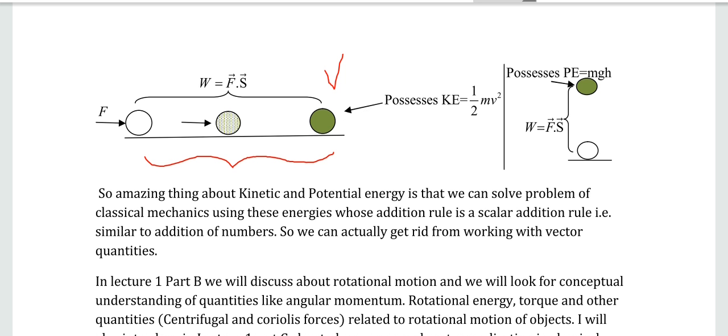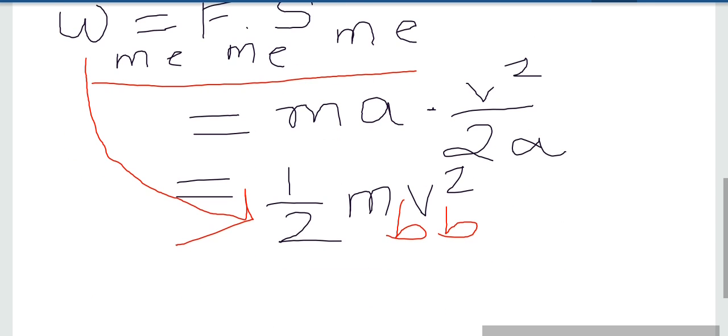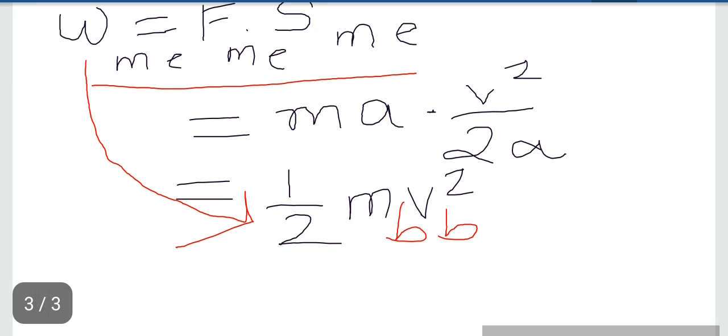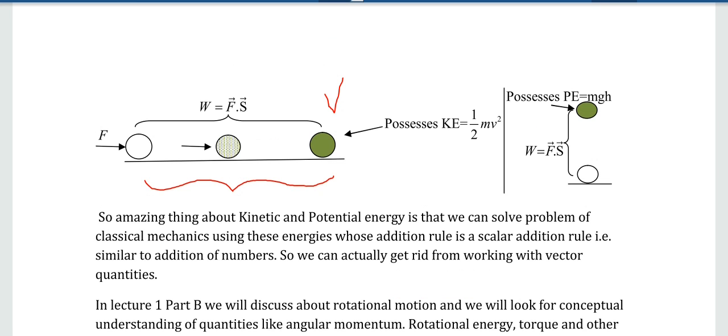The velocity that I have defined in this derivation is actually this velocity, the velocity that the ball achieves in the end.